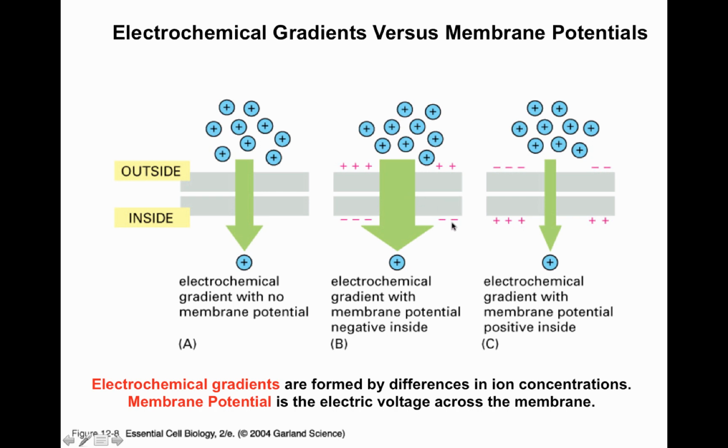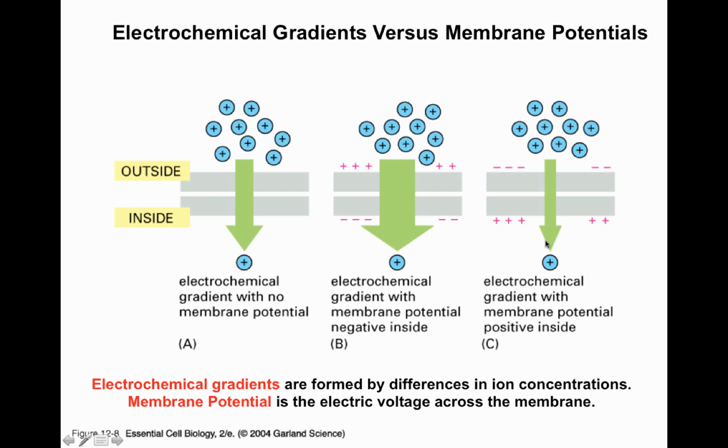So the electrochemical gradient, as you see by the arrow being thicker and bigger, is stronger. Now, in this other case, we have the example of a gradient which is, again, greater on the outside than the inside, but the direction of the membrane potential has switched, and therefore the negative ions are outside the membrane and the positive ions are inside the membrane. Since the membrane potential is working against the direction of the gradient, the electrochemical gradient for this particular ion is smaller.